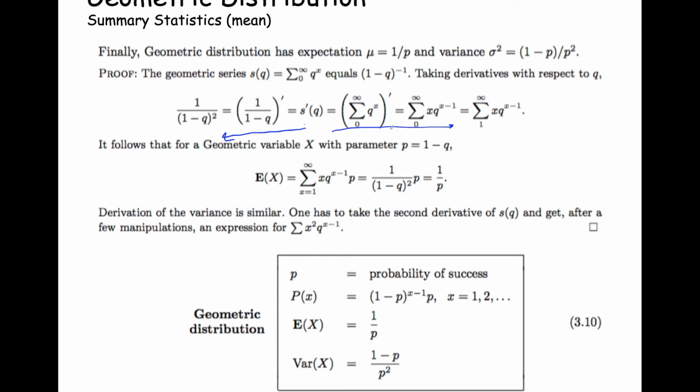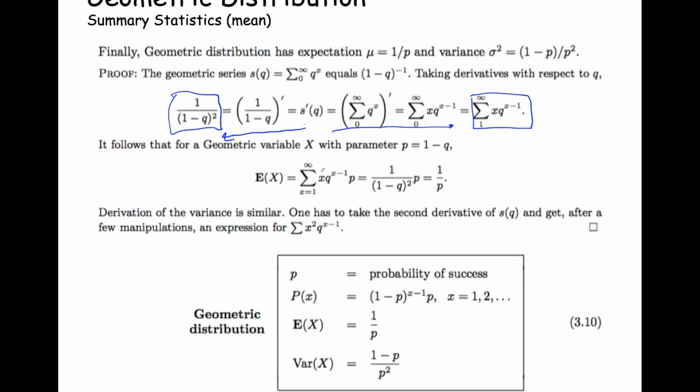And we're going to use this quantity, the derivative of the closed form solution, and this quantity, the derivative of the series itself, as a substitution to help us solve for the expectation. And then we're going to do that with the second derivative and use that to help us with the solution for the variance.